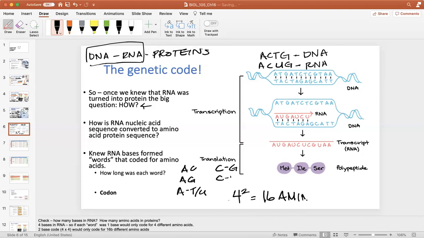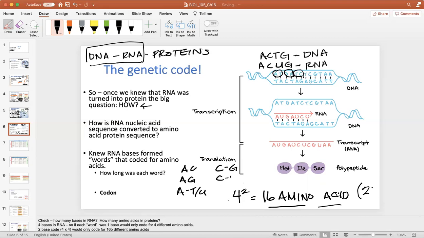In other words, if we used every 2 bases, if we said this coded for an amino acid, this coded for an amino acid, there are only 16 possible combinations that you can make of 4 different bases. 16 combinations would code for 16 amino acids. Now let's remember how many amino acids we use to form proteins.